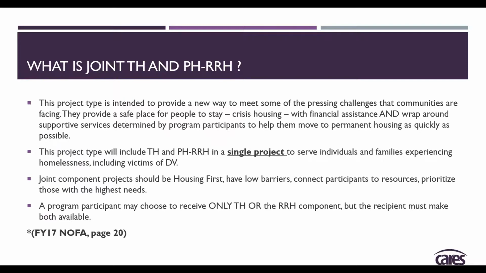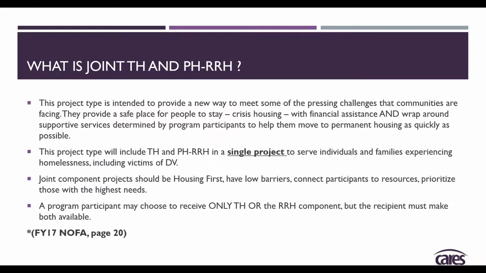So if you currently have a transitional housing program and you're thinking, wow, wouldn't it be great to not only be able to pay for the operations of my transitional housing program, but also to offer wraparound services and a rental stipend for a short period of time when someone goes out into the community? This could be for you.